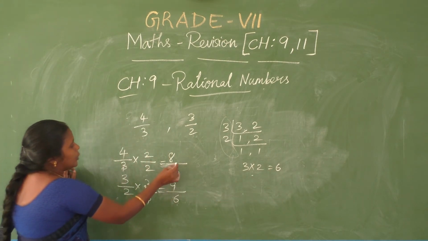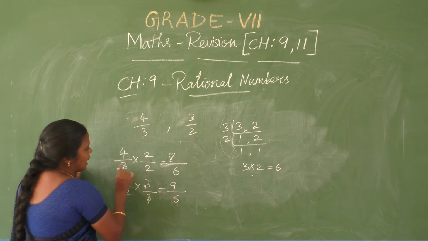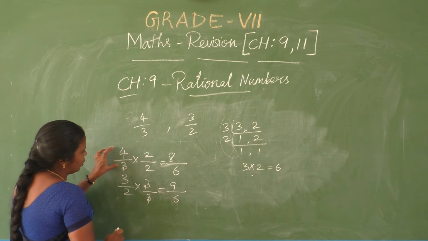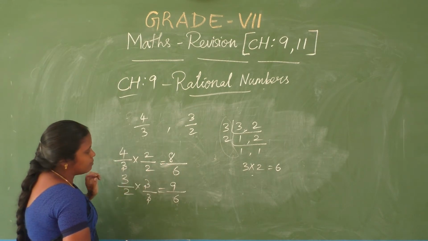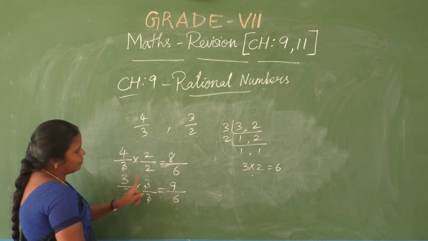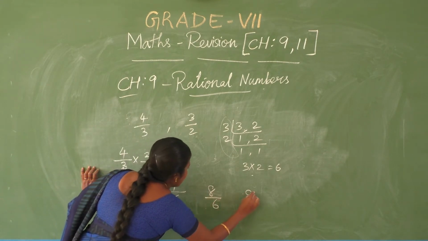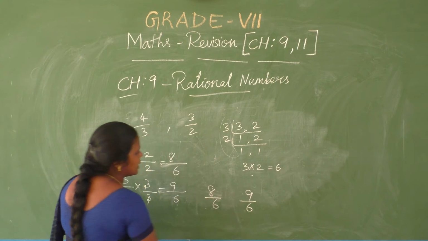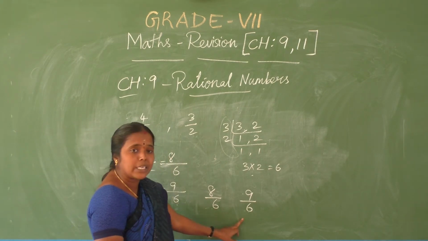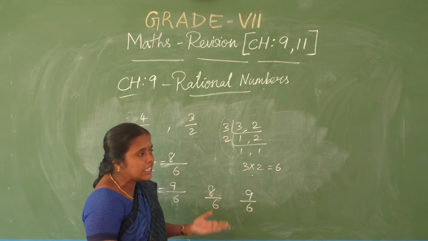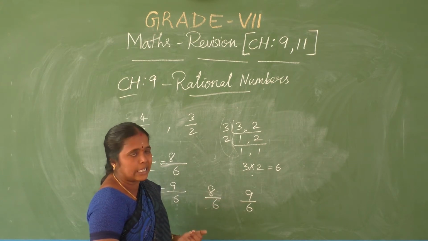Now with the help of 6, I got new fractions for both. 4 by 3 has the equivalent fraction 8 by 6. For 3 by 2 the equivalent fraction is 9 by 6. I got it. 8 by 6, 9 by 6. Now compare both denominators, both are the same. That means like fractions. In this question our work is easier to compare.